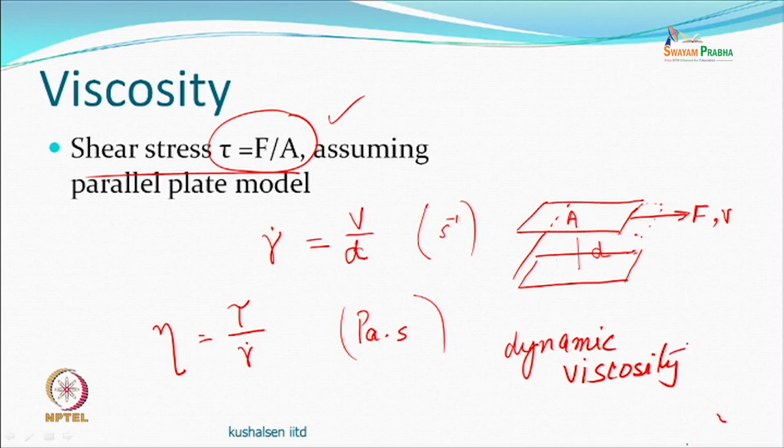Because if nothing is moving, you don't know how to measure viscosity. They must move relative to each other, you see. Unless there is a motion, there is nothing. Even if you put a ball in a polymer solution, it will go down, but it must go down. If it just stays there with zero velocity, there is no change. All right.